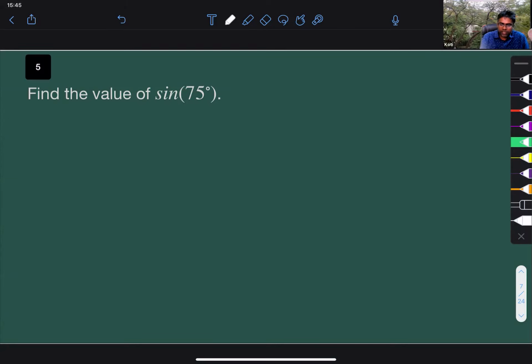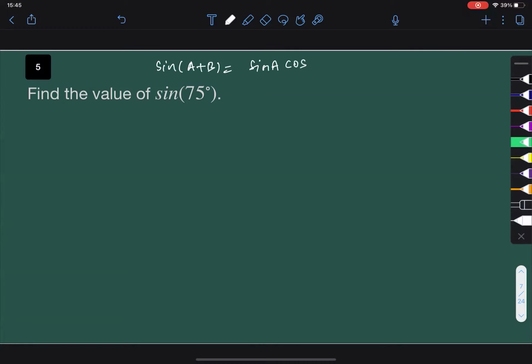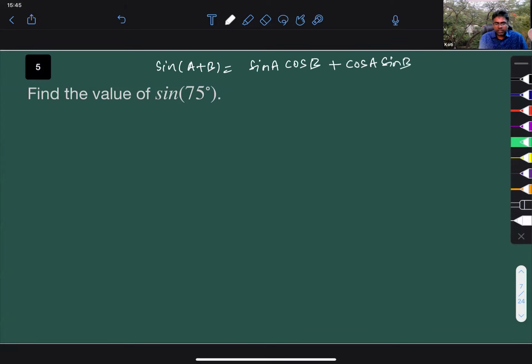So instead of using sine A minus B, we can just go with sine A plus B, which is sine A cos B plus cos A sin B. So sine 75 can be written as sine of 30 plus 45.